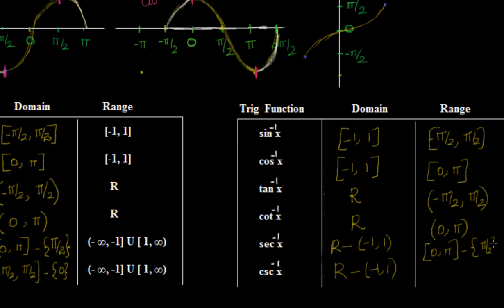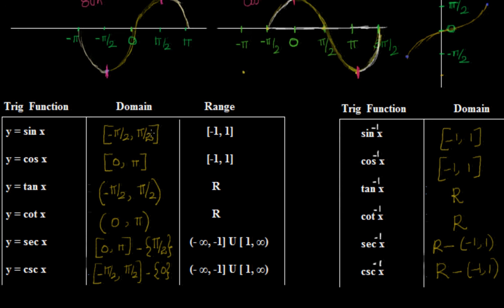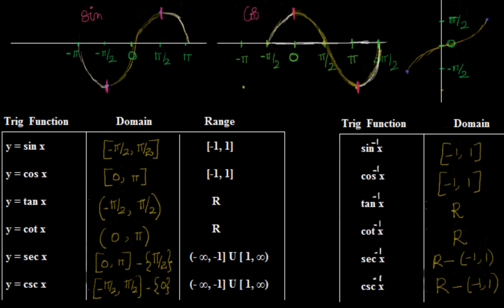For cosecant, it is minus pi by 2 to pi by 2, excluding the value where sine becomes 0, since 1 by 0 is undefined. So this table gives you the complete idea of how you have to restrict the domain of all the trigonometric functions so that you can have their inverses.